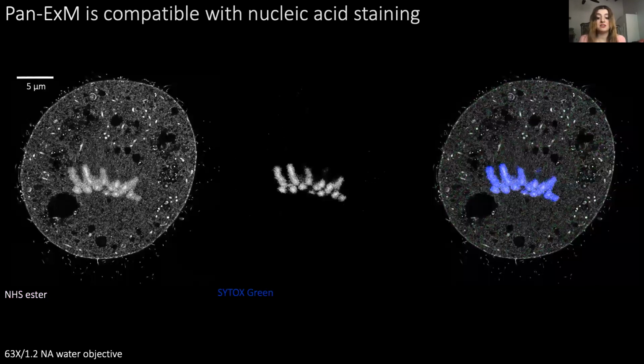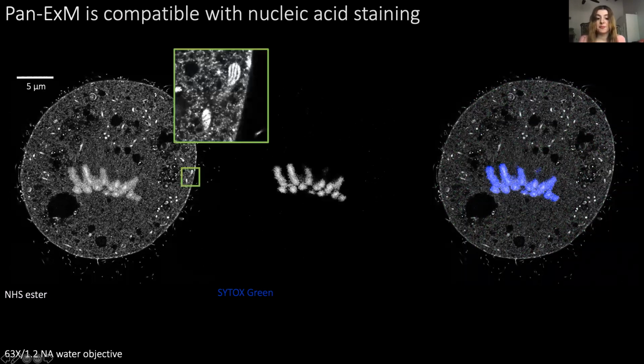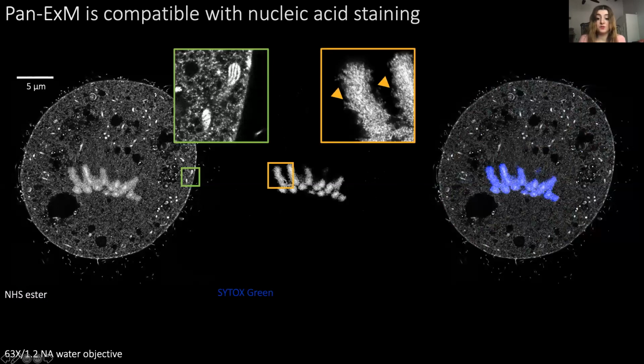With Pan-ExM, mitotic cells have distinct ultrastructural features, such as dense and smaller mitochondria here. And if we add a nucleic acid staining, we can see mitotic chromosomes here. And if we zoom in into these chromosomes, we can actually resolve their polymer brush-like structures.